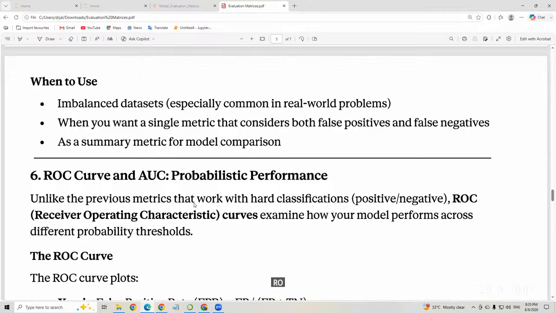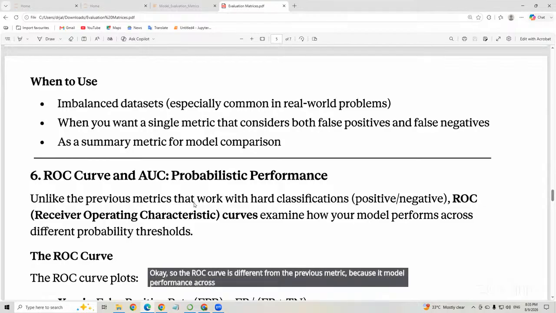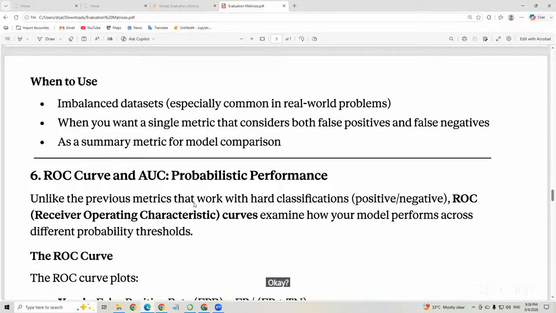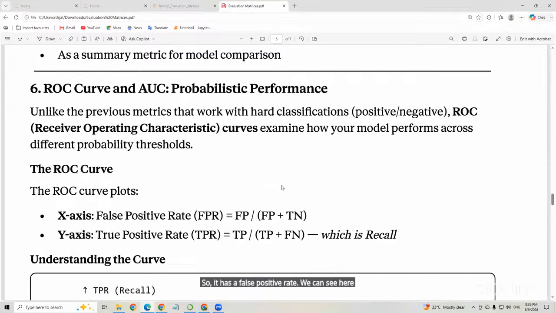ROC means receiver operating characteristics. The ROC curve is different from the previous metrics because it evaluates model performance across different classification thresholds. On the x-axis we have the false positive rate, FPR, and the formula is FP upon FP plus TN.